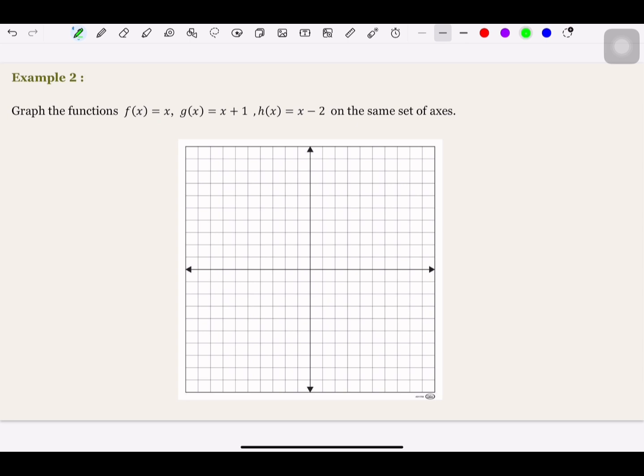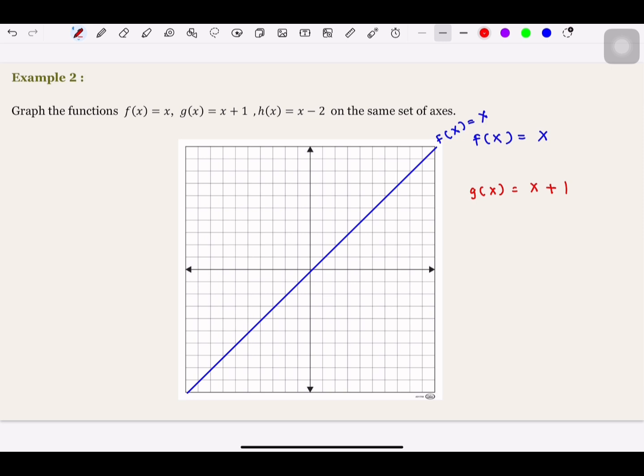Well, let's start with the first one, f of x equals x. Well, we can sketch this very quickly because this is a straight line that passes through the origin. So I'm going to sketch this like this. Okay, this is my f of x equals x. Next, I need to sketch g of x equals x plus 1.